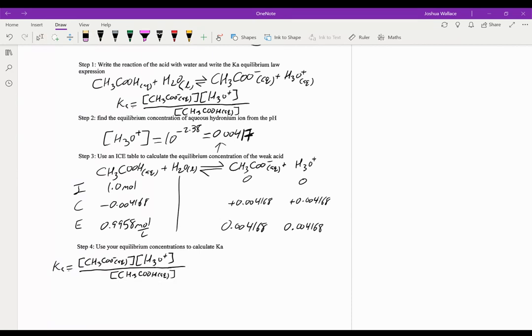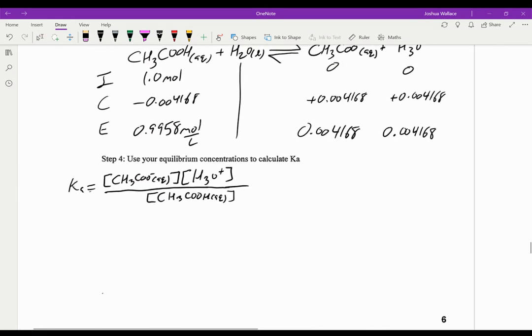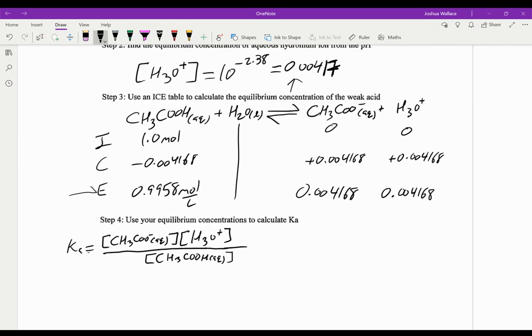And then what I do next is I substitute my values in here at equilibrium. So Ka equals CH3CO minus, 0.004168, which is squared.